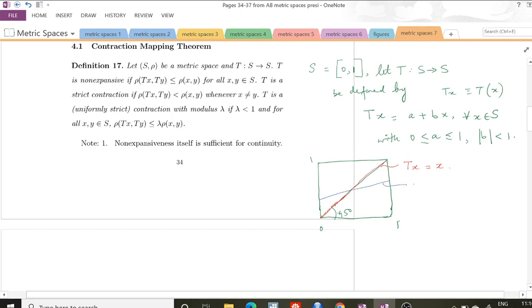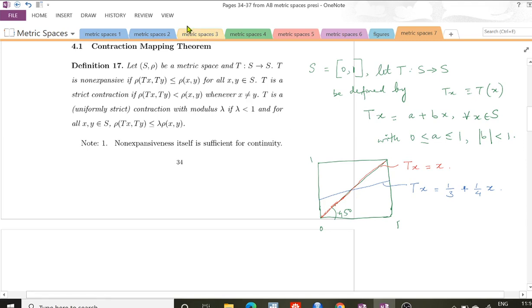So this is a different map. We can call it T again. So let's say that is 1/3 plus 1/4 times x, right?